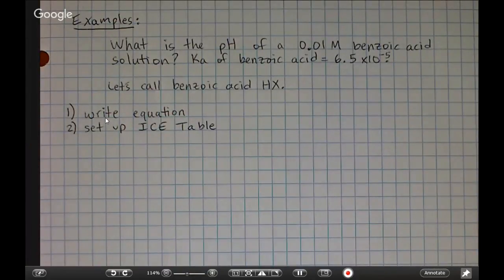For simplicity's sake, we're going to call benzoic acid HX because it's a lot easier to write out. Once you jot the question down, our first step is to write out that weak acid equilibrium equation. Not the expression yet, but the equation for the reaction.